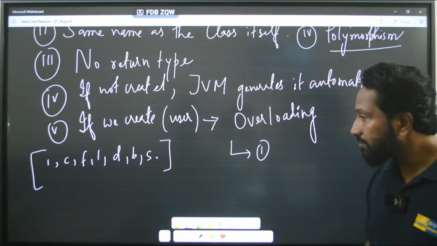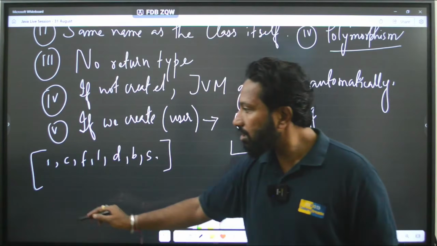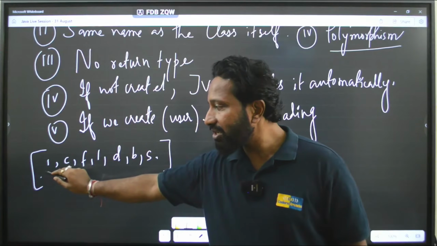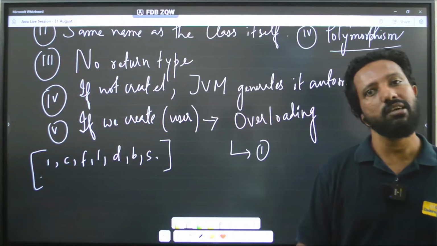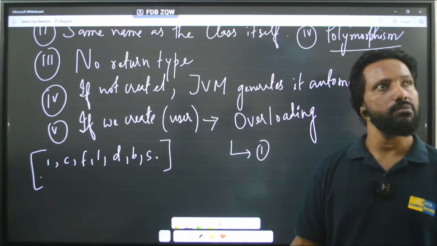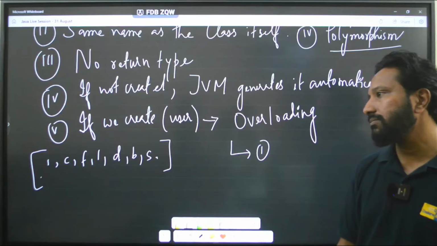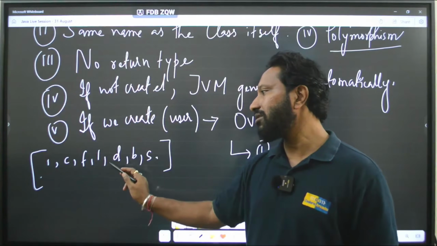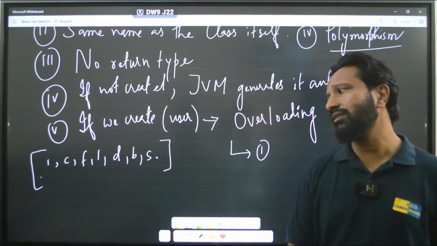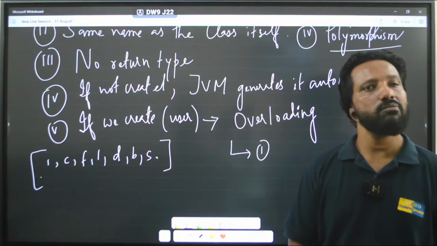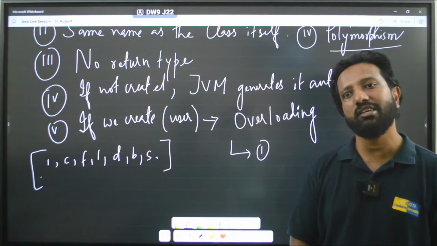Fine. Now you can take out all the 8. Have I missed anything? Can you tell me? I have missed one. Which one have I missed? Come on, anyone, tell me.